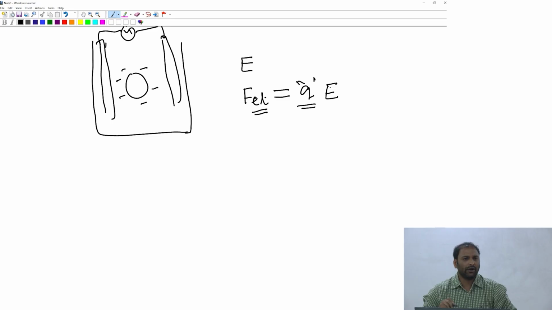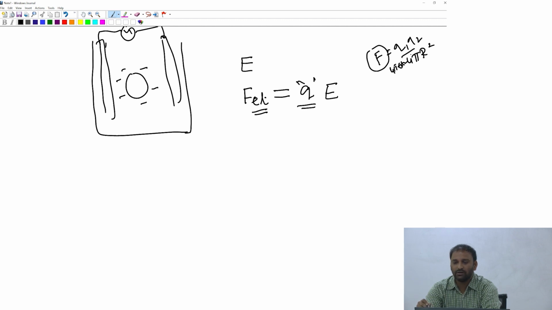So you've done this at some point. If you have Coulomb's law, your force is Q1 Q2 by 4 pi epsilon naught epsilon r times r square, that's the force of attraction or repulsion. Now the electric field is basically force per unit charge.